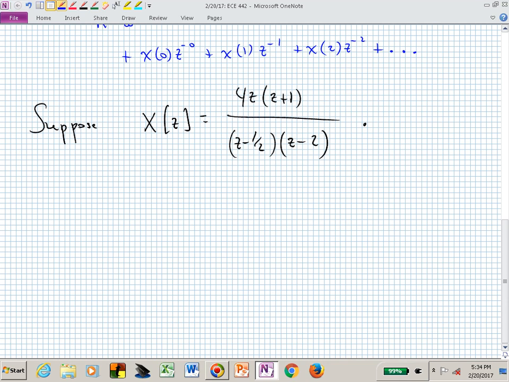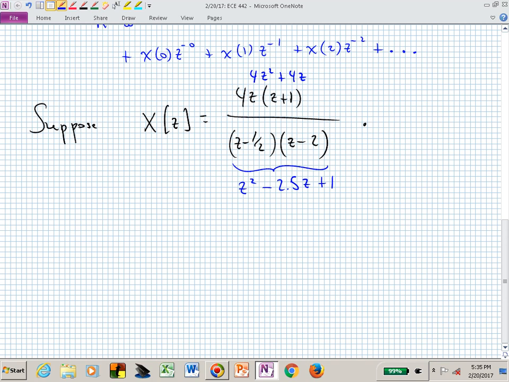Let's distribute 4z throughout, so we have 4 times z squared plus 4z in the numerator, and our denominator, if we multiply it out, is z squared minus 2.5z plus 1. I picked these to be clean: 1/2 times 2 gives me 1 with the 2 negative signs.